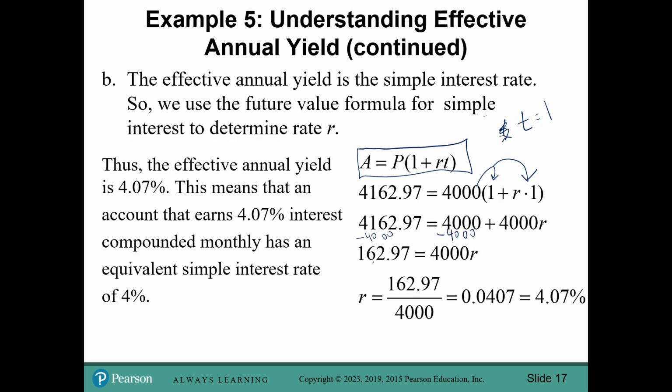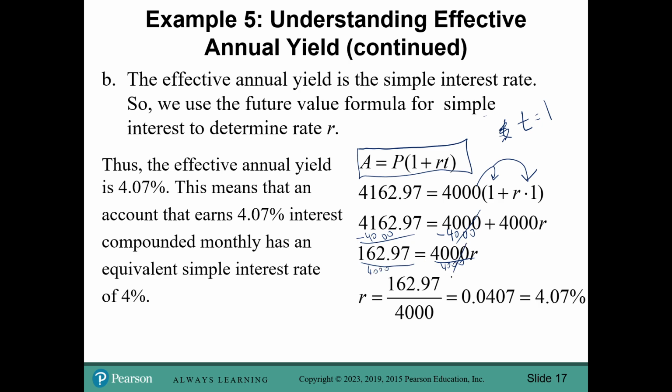Okay, that's what leaves us with $162.97 equals 4,000 R, because obviously that cancels. We divide by 4,000 on both sides to get rid of that 4,000 there. That'll cancel. Also divide this by 4,000.